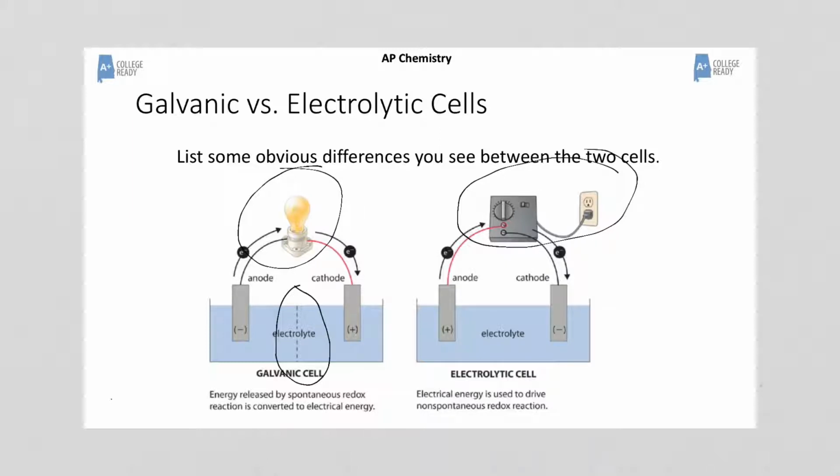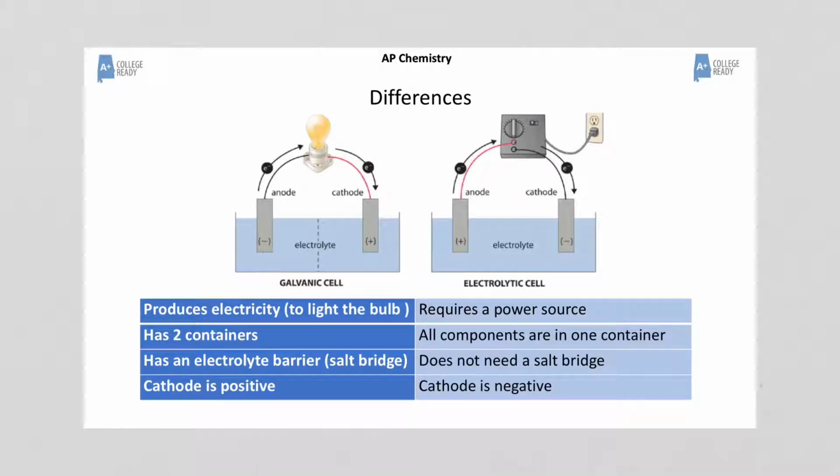Some commonalities we'll get to is that they both have an anode and cathode. Electrons are still flowing. And another difference you might notice, this is supposedly two containers, and this is one. So again, all this will be discussed as we go through the next few slides.